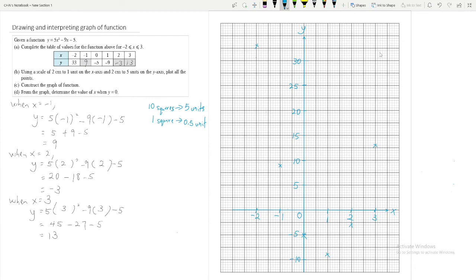So let's draw a smooth curve to connect all the points. Sometimes you may need to try a few times to draw the smooth curve.